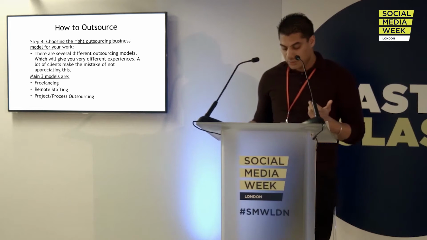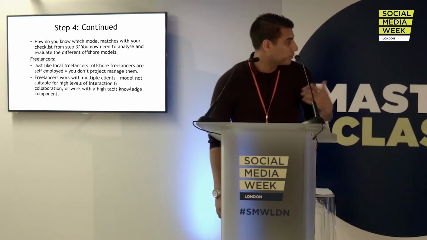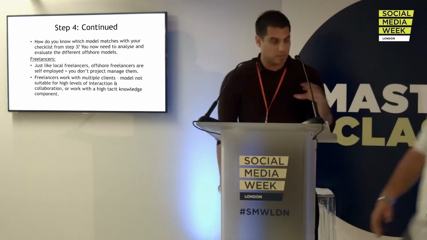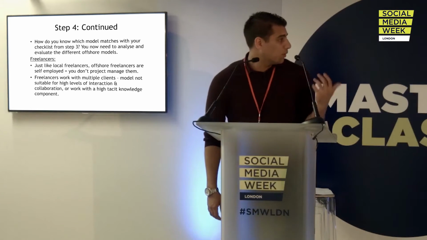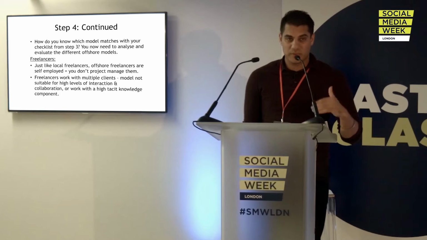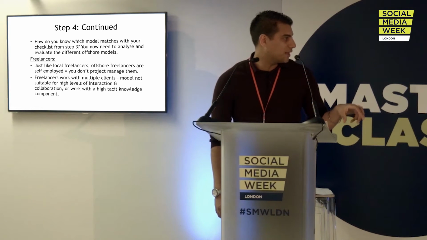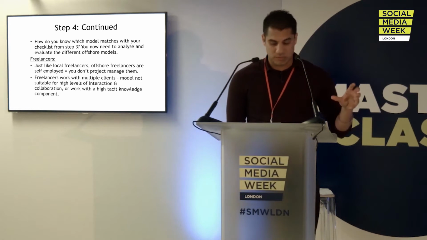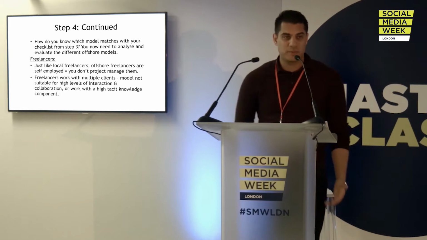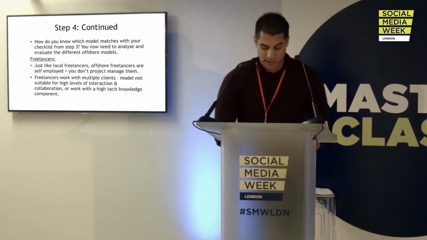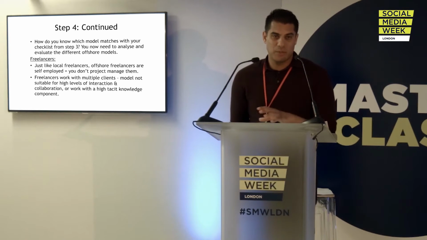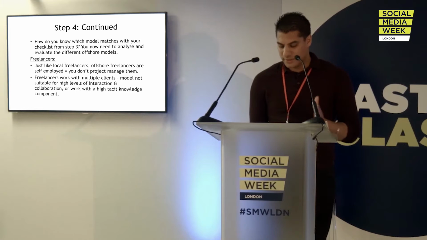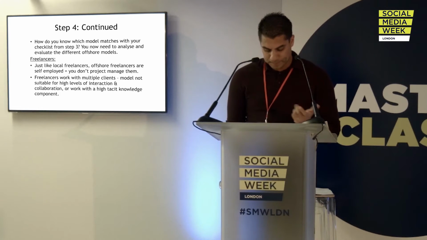So how do you know which model best aligns with your needs? Well, you need to repeat the process you did in step 3, analyze and evaluate the different models. If you invest a little bit of time into this process, it will become quite apparent how those models work and whether they sync up with the needs and requirements of your work.